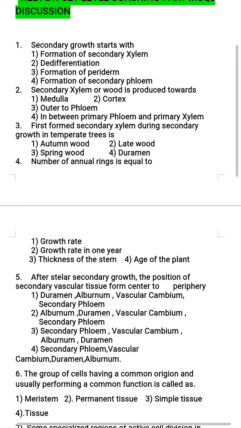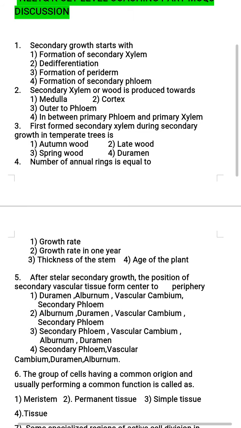The wood forming during this spring season is called spring wood or early wood. This phenomenon can be seen in the trees present in temperate regions, like in India. Got it, everybody?